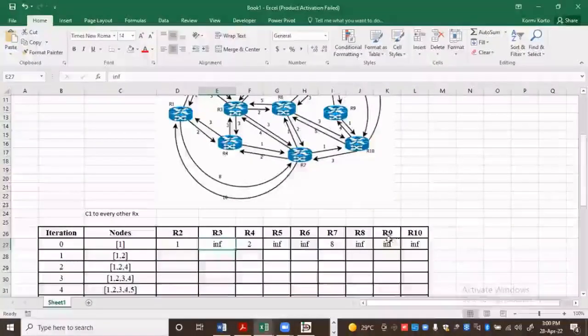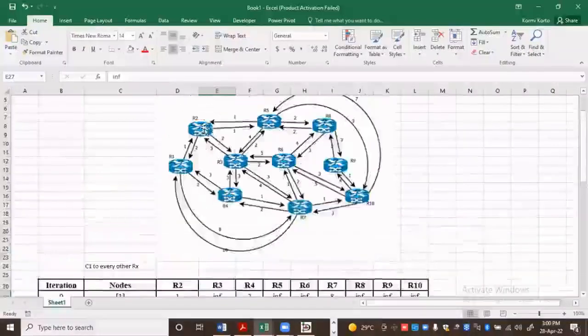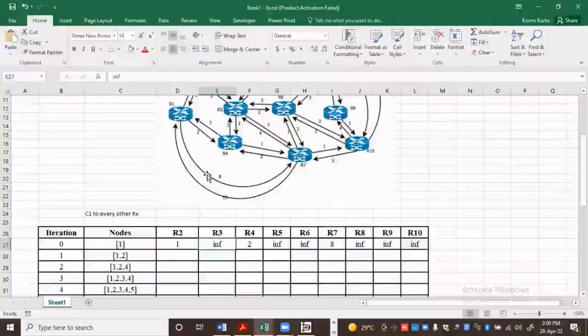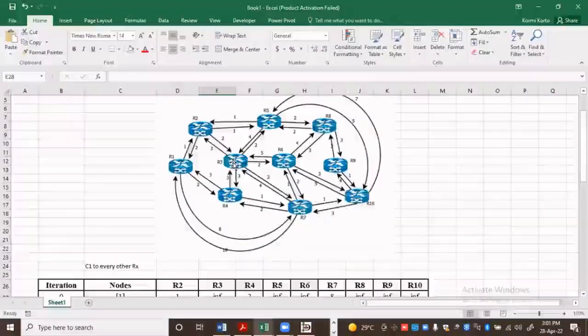Moving on, the second iteration, or in a sequence of zeros and ones, iteration one, we have 2 nodes or routers to help us forward the packets. You're going to notice that some of the infinities are going to start missing out. They're going to start getting values now. So now we have router 1 and router 2 to forward packets. First, router 2, we still have 1. But look at router 3 now, we can get to router 3 because we have router 2 at our disposal.